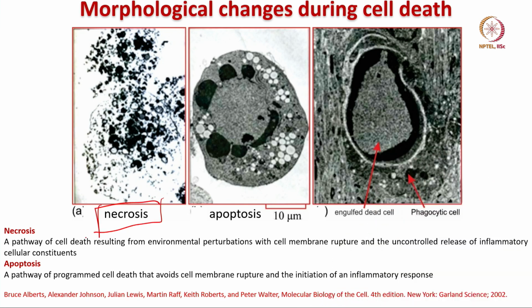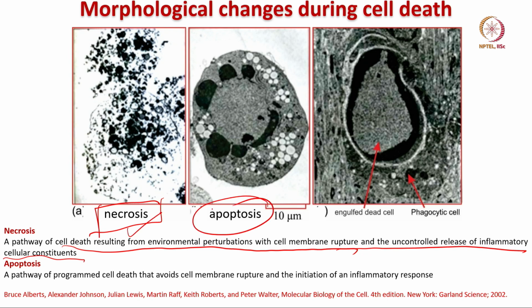Cell necrosis is a pathway of cell death resulting from environmental perturbations. For example, a person experiencing an injury due to an accident. This is accidental cell death, with uncontrolled release of inflammatory cellular constituents, and it is called necrosis. Apoptosis, as I said before, is programmed cell death that avoids cell membrane rupture and initiation of an inflammatory response.